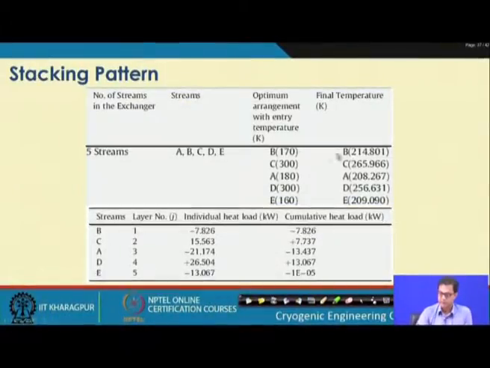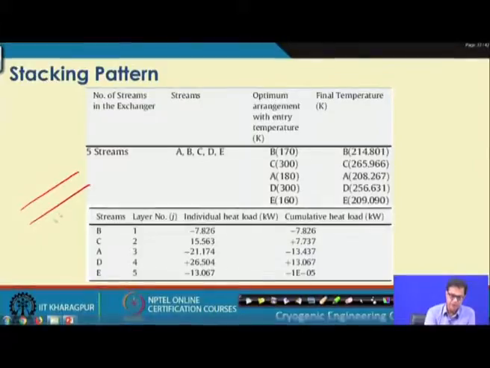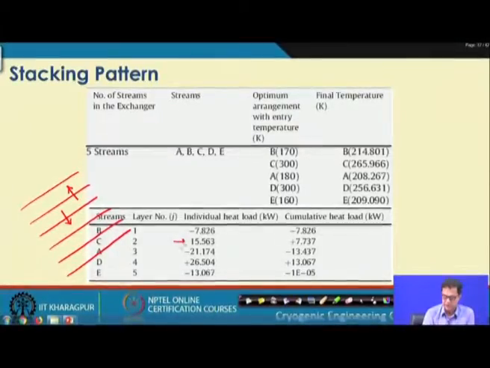So, here we have the individual heat loads, as we have said, between these layers, 2, 3, 4, 5. So, we have Q1 that is equal to, on this side, a negative one. On this side it is a positive one, and that is 15.